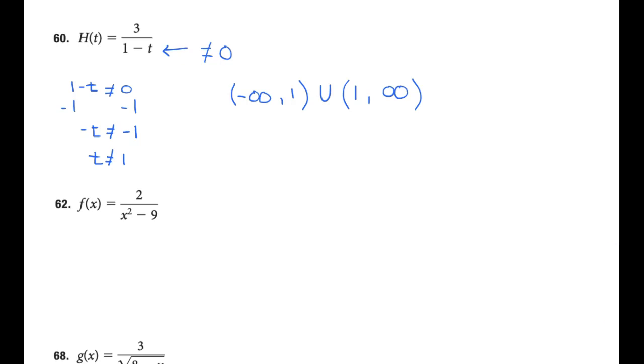All right, the next one is just a tiny bit more complicated because we have a square. Once again, x squared minus 9 cannot equal 0. I'll give myself a little more space here. So we're going to set x squared minus 9 not equal 0.